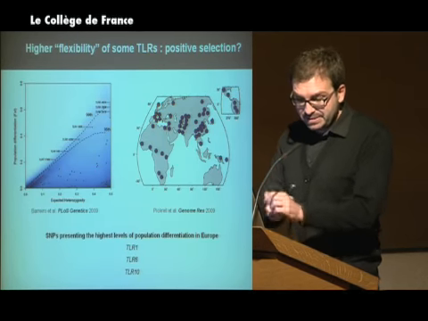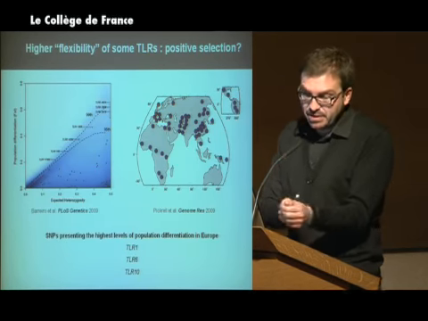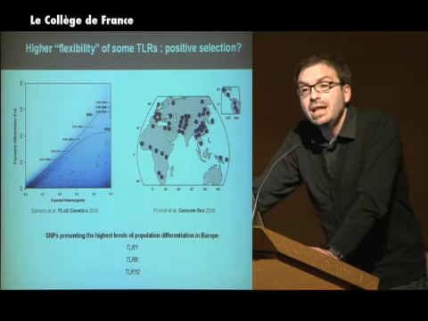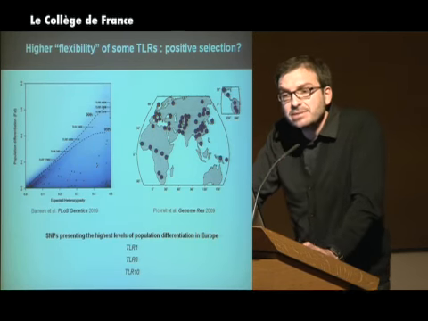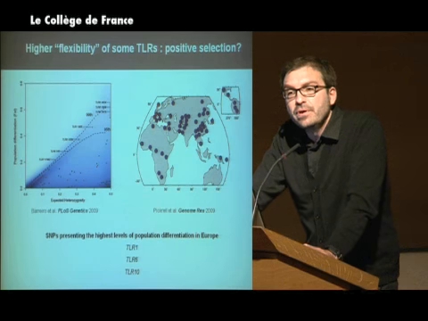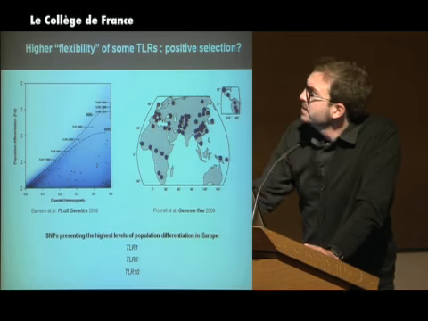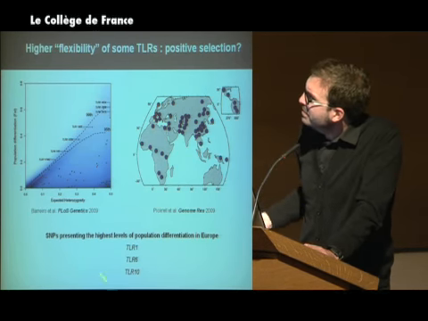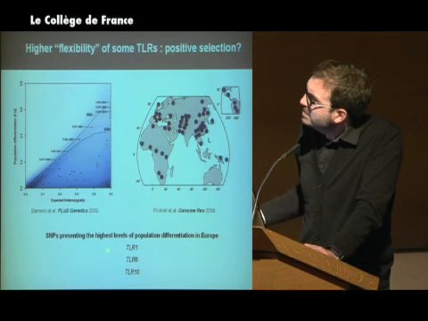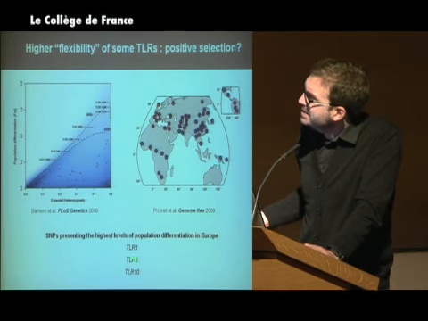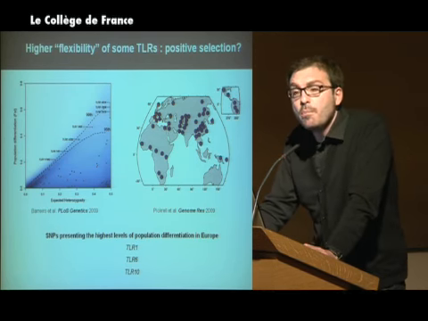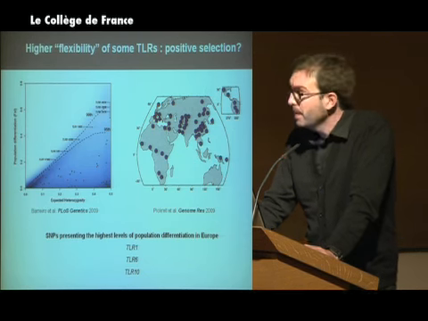But the higher flexibility of the cell surface expressed TLRs also allowed them to accumulate in some cases mutations that can confer a selective advantage. This is the case for a particular haplotype that we have identified that encompasses toll-like receptor 1, 6, and 10 that has been under a strong positive selection in Europe.